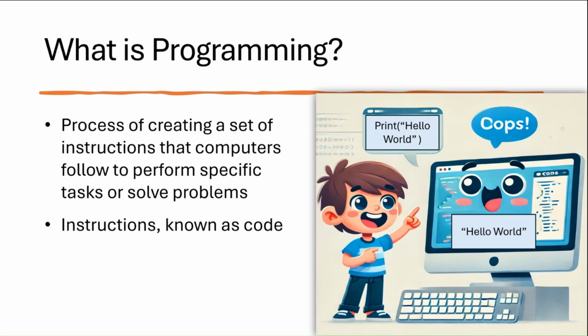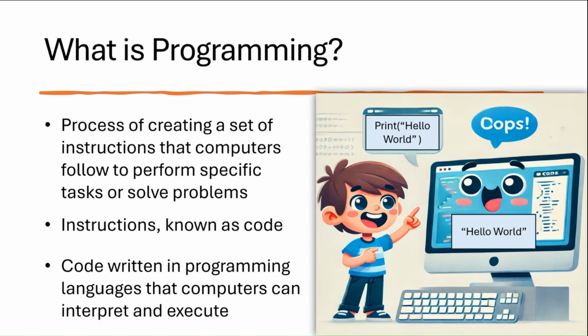So these instructions which you are giving, like print hello world, are also known as code, right? And this code can be written in different programming languages that computers can interpret and execute, right? Now writing this code or these instructions to solve a specific problem, that process is called programming.